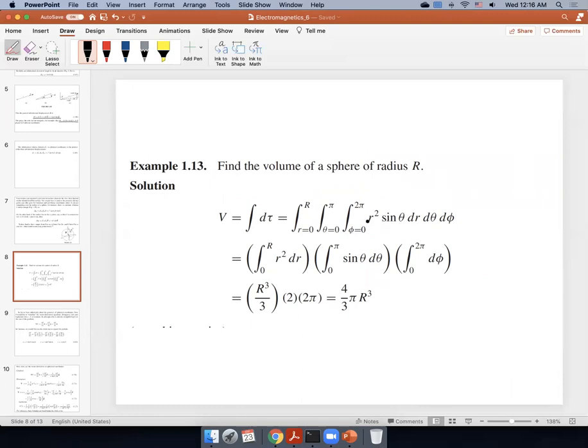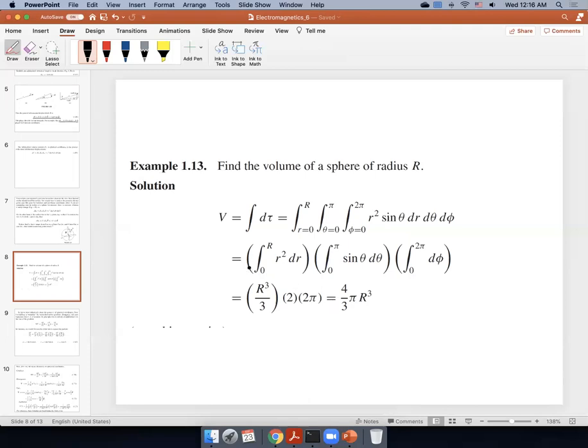Because this is a three-dimensional integral, you can separate it into three individual integrals, and the product of those three integrals will be your final answer.